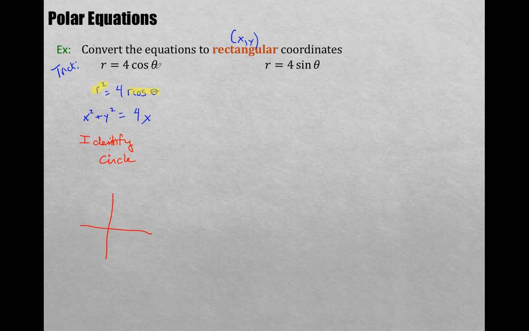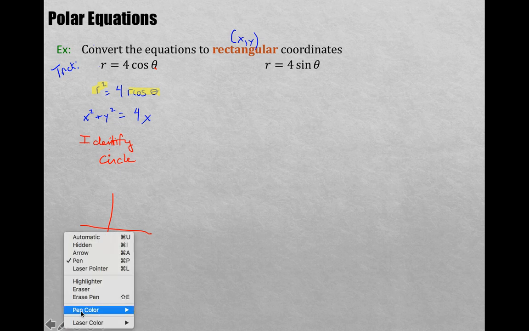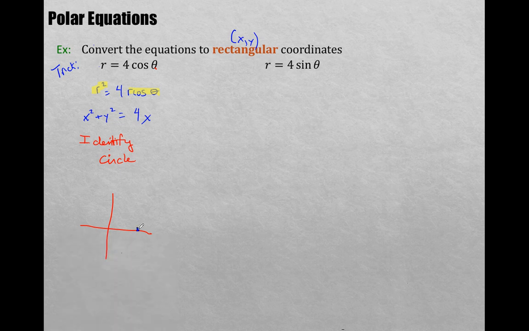Talk to me about when theta is 0. When theta is 0, r equals 4 cosine theta. What's cosine of 0? Right? The radius is 4 times cosine of 0. Well, that's 4. So from the pole, there I am at 4.